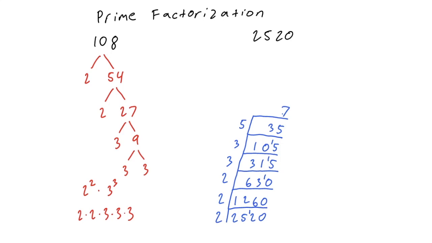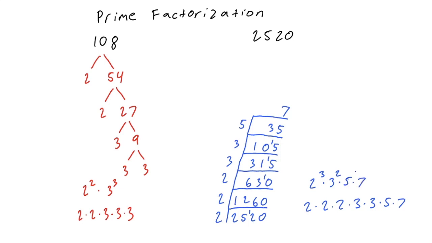So our prime factorization is all these numbers on the outside. So we have 2 times 2 times 2 times 3 times 3 times 5 times 7. Or with exponents, 2 to the third times 3 squared times 5 times 7.